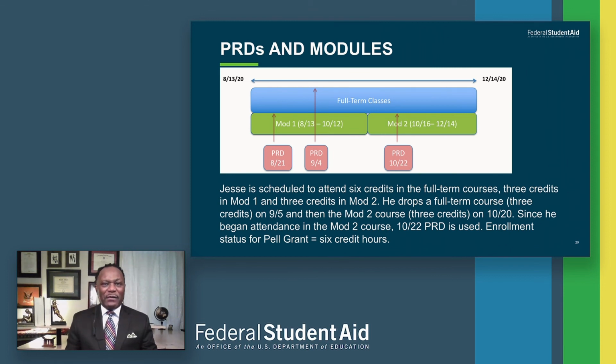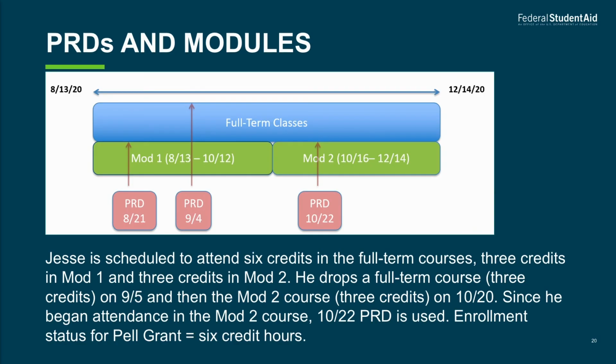For our first scenario in this environment, we have Jesse, who is scheduled to attend 6 credits in the full term courses, 3 credits in Module 1 and 3 credits in Module 2. On September the 5th, he drops 3 credits for a full term course. And then, after beginning attendance in Module 2, he drops the Module 2 course for 3 credits on October the 20th.